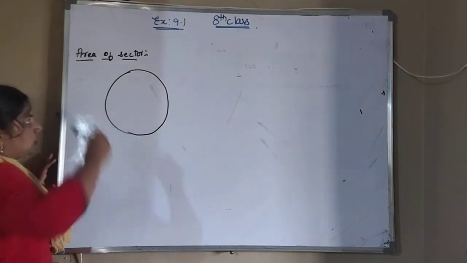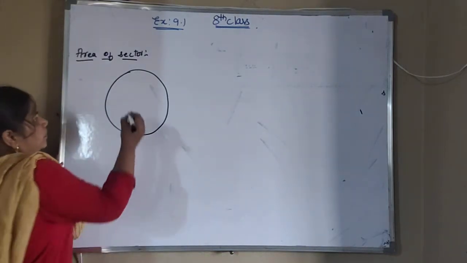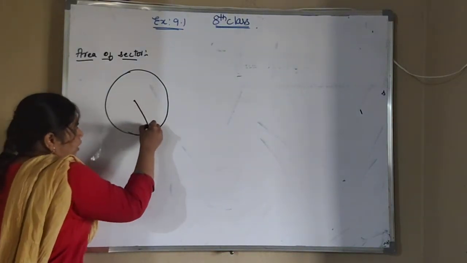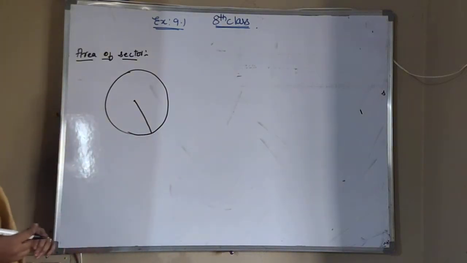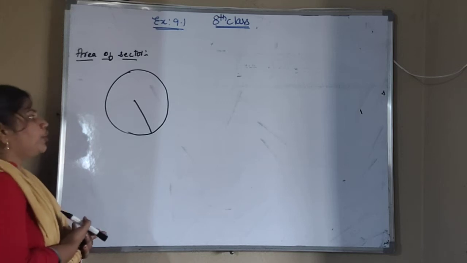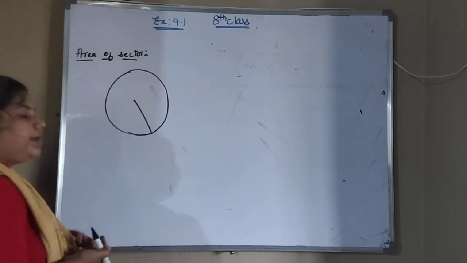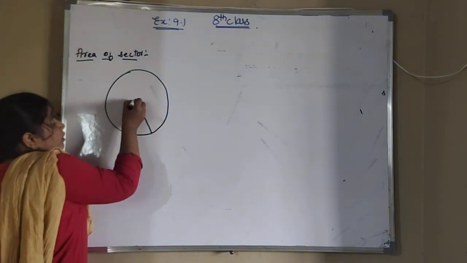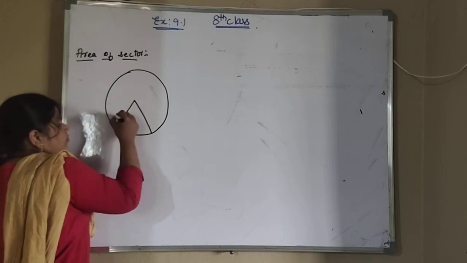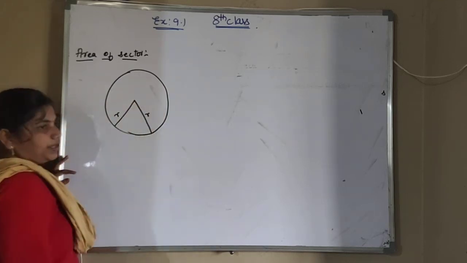If you take a circle, from the center point to any point of the circle we call it the radius. If I draw two radii here, this is one radius and this is the other radius.